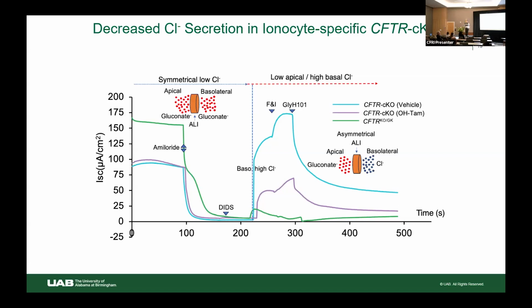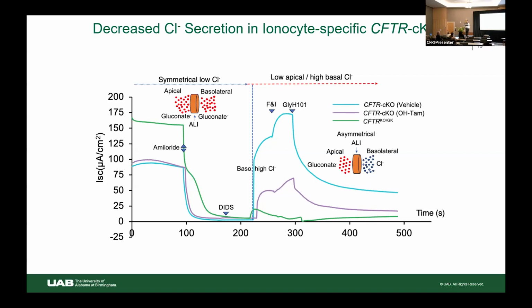Then by quantification, we can clearly see the CF group showed zero chloride secretion, and the ionocyte-specific CFTR deletion showed a significantly reduced chloride secretion, a reduction of about 70% when compared to the control group.